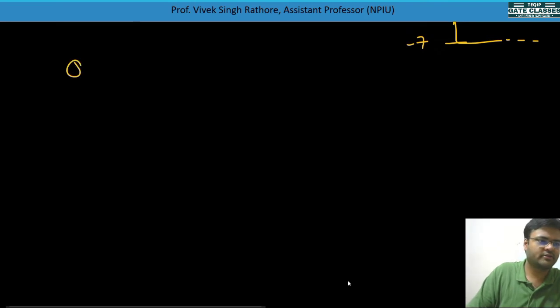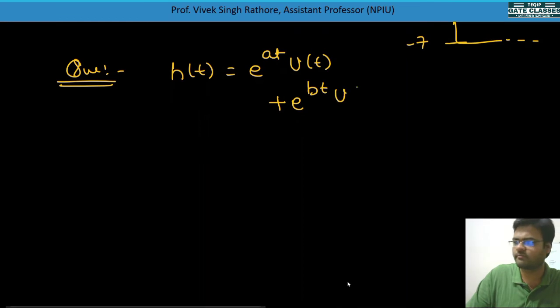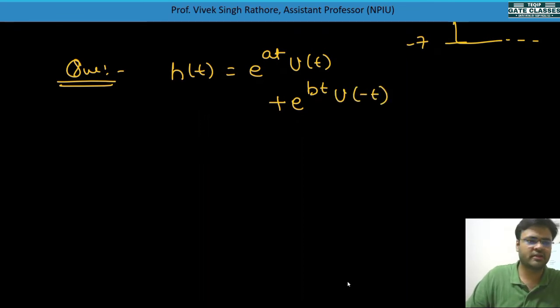Okay, so I'll tell you one more example. Let's suppose this question you have been asked, that your h(t) was given e^(at) u(t) plus e^(bt) u(-t). You have been asked that this system is stable only if... This question has been asked in the GATE exam also.